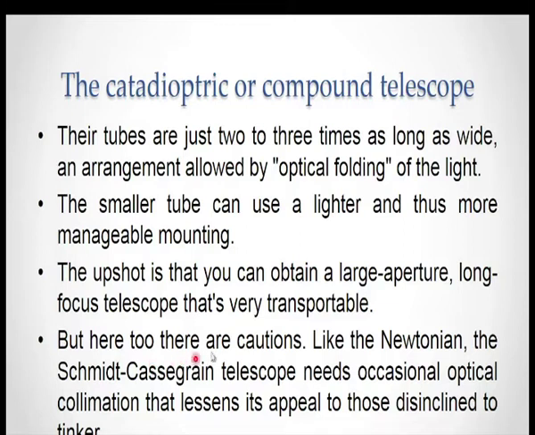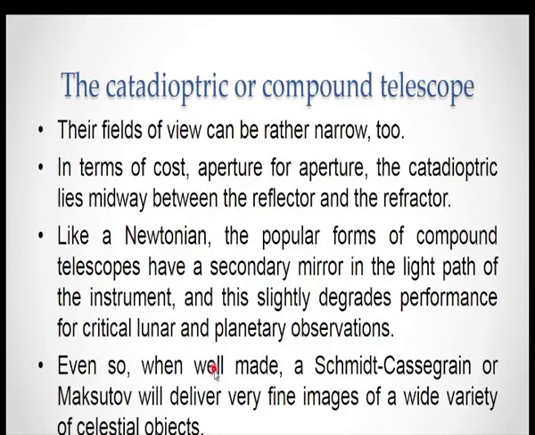But here too there are cautions: like the Newtonian, the Schmidt Cassegrain telescope needs occasional optical collimation, which lessens its appeal to those disinclined to tinker. The field of view of this Cassegrain can be rather narrow too. In terms of price, aperture for aperture, this catadioptric lies midway between the reflector and the refractor.